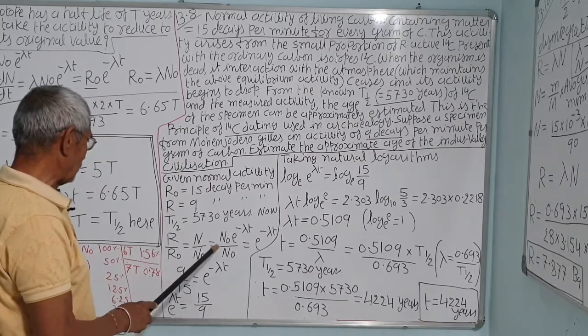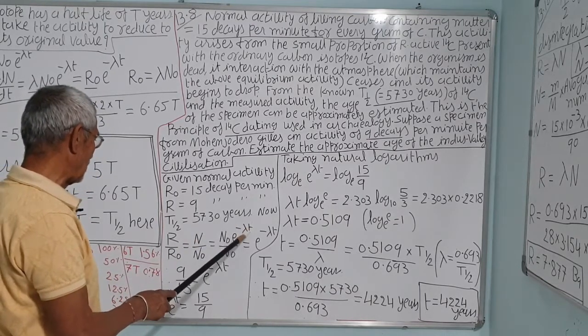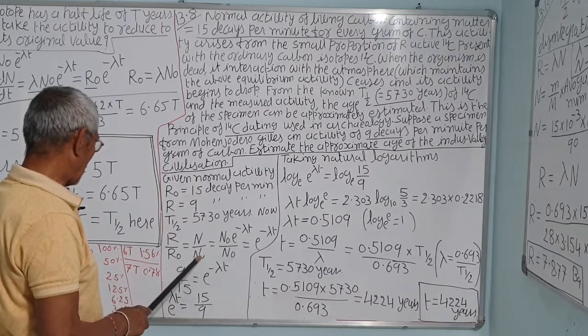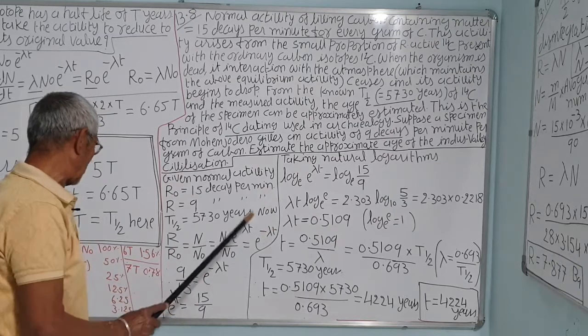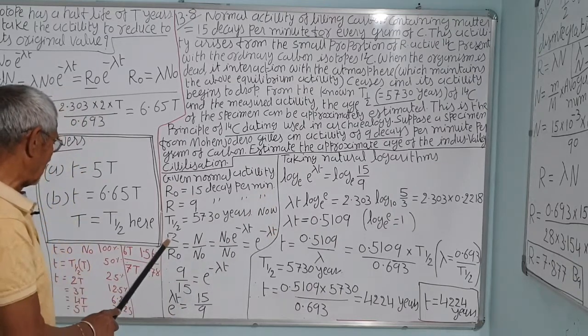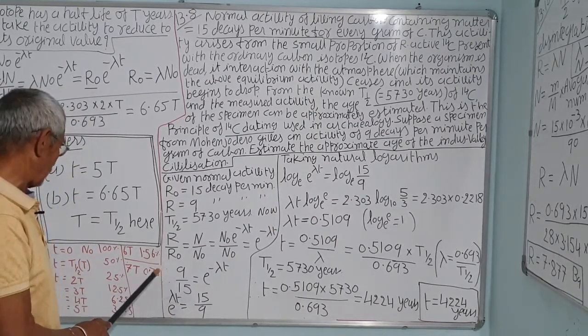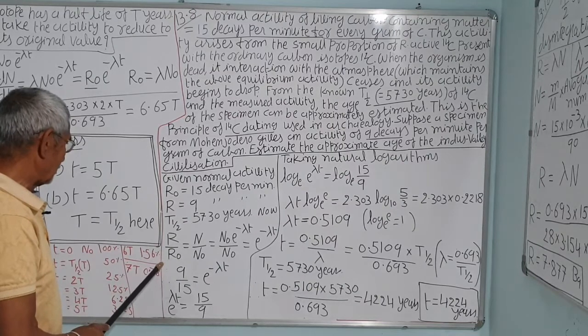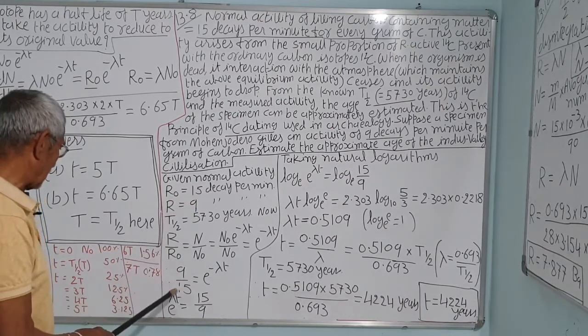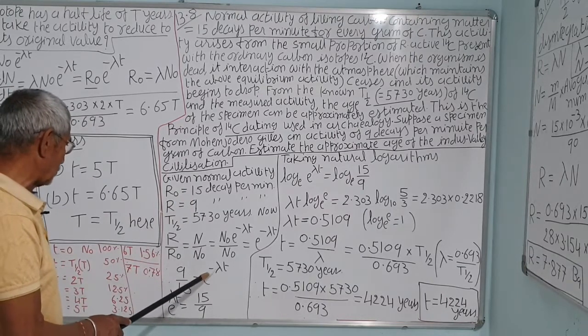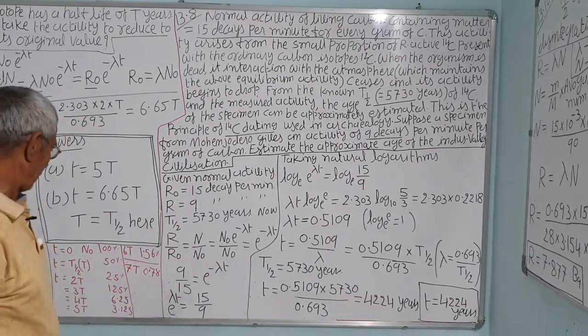N is equal to N0 e raised to minus lambda T, so N0 cancels, giving e raised to minus lambda T equal to R upon R0. R is 9 and R0 is 15, so 9 upon 15 is equal to e raised to minus lambda T.